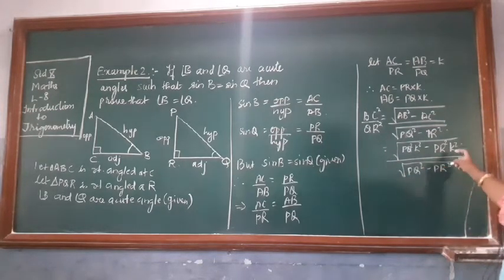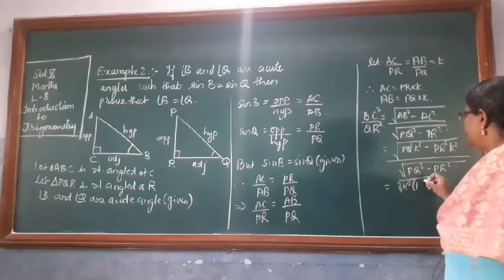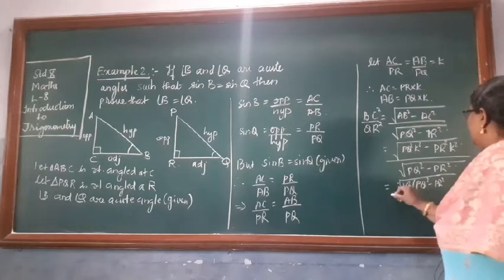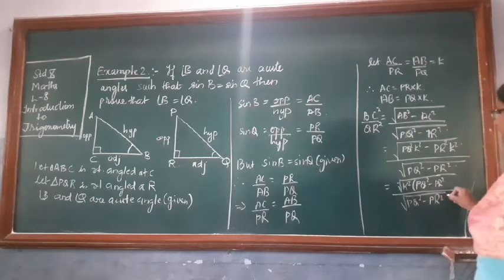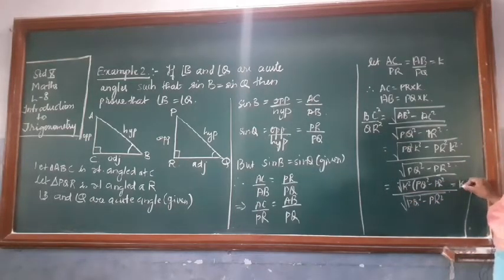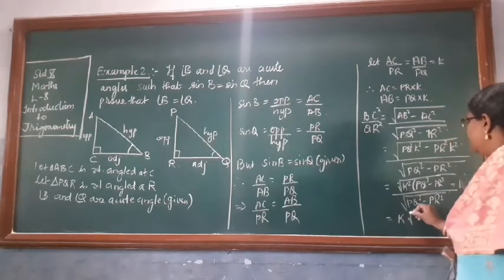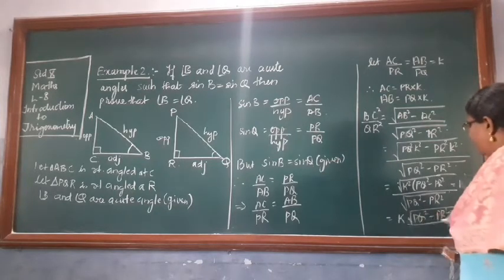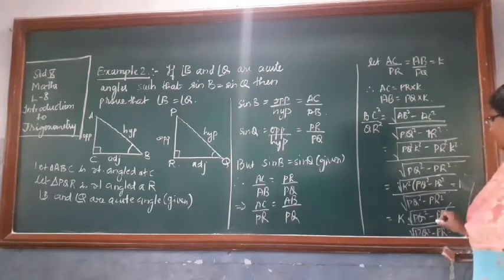Now K square is common, so I can take it outside: K square into PQ square minus PR square, upon PQ square minus PR square. Now if I take K square out of the square root, it becomes K, times the square root of PQ square minus PR square upon the square root of PQ square minus PR square. These two cancel out.